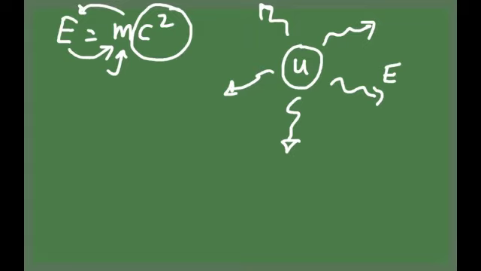Once you figure out that mass can be converted into energy, and that a tiny amount of mass can give you a great amount of energy, then you get people thinking about the possibility of destroying a small piece of matter and releasing the enormous amount of energy associated with that.